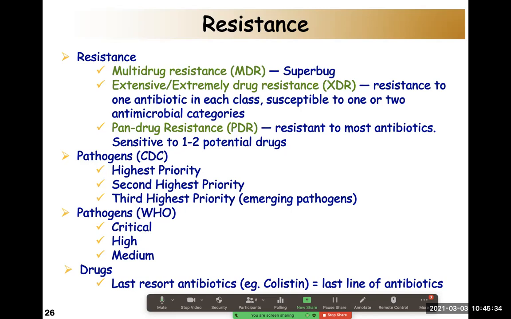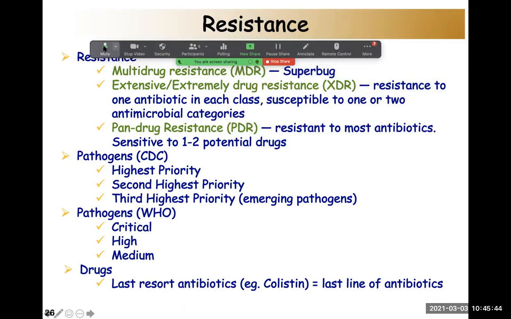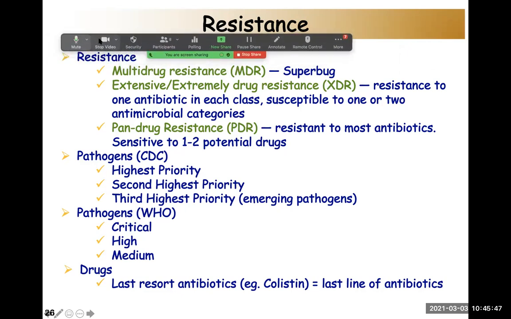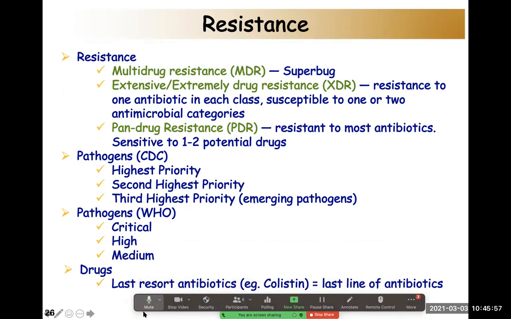They are very likely pan-drug resistant, or XDRs, PDRs. And then we have what we call last resort antibiotics. These are the antibiotics that you are not supposed to use unless it's absolutely necessary. It's a life and death matter. An example is a polymyxin, that's colistin, right?